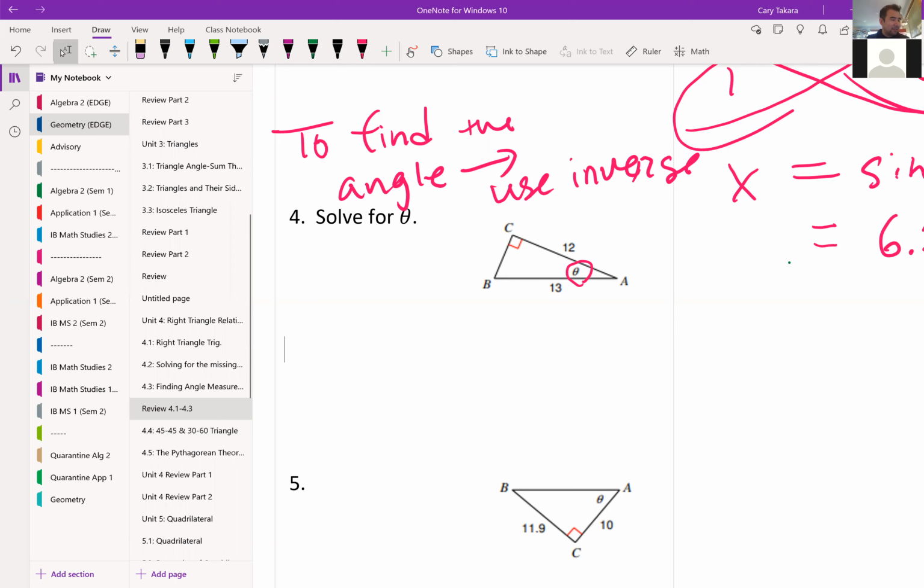Okay. It's been about a minute here. Lisbeth, can you hear me? Which function are we going to use? Is it sine, cosine, or tangent? This will be, let's begin.